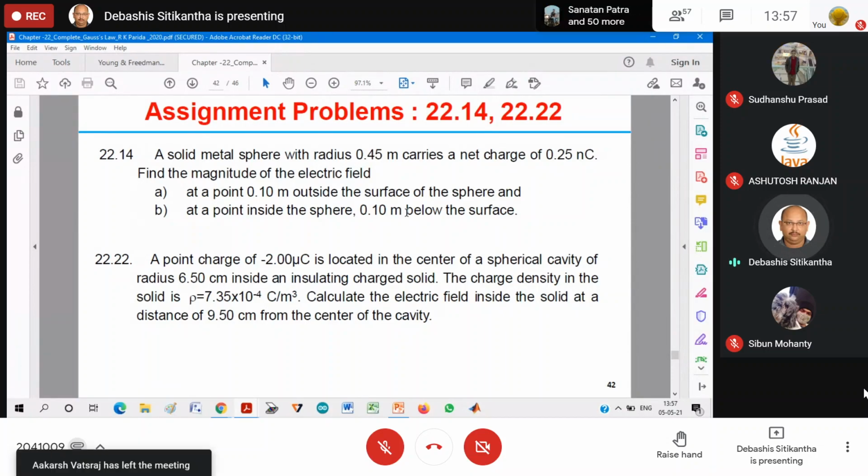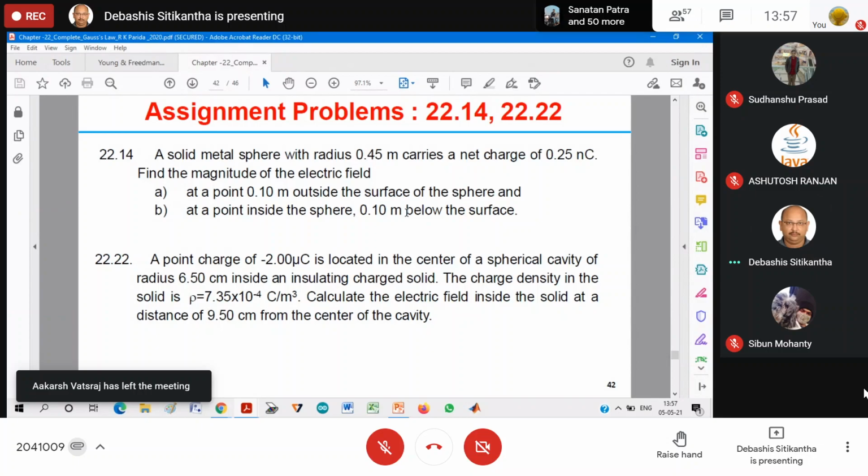Do you all have the soft copy of the book? Yes, sir. Okay, then just note down the numbers. These are the exercise problems 22.14 and 22.22. Just note them down and solve those problems. Tomorrow, I will again come back to these two problems. Today you solve the problems, take some paper and write down the solutions.